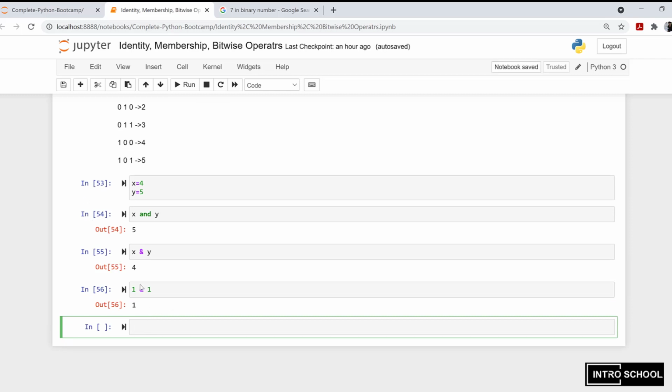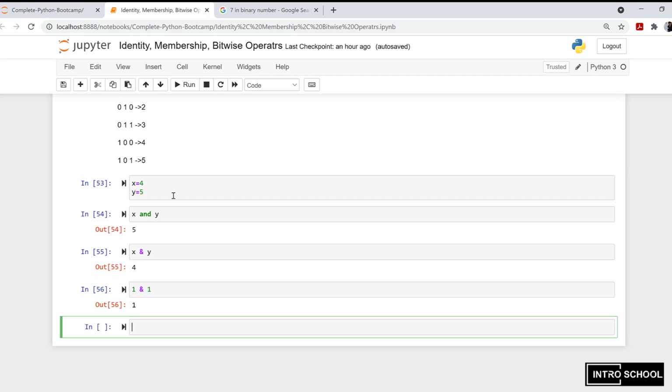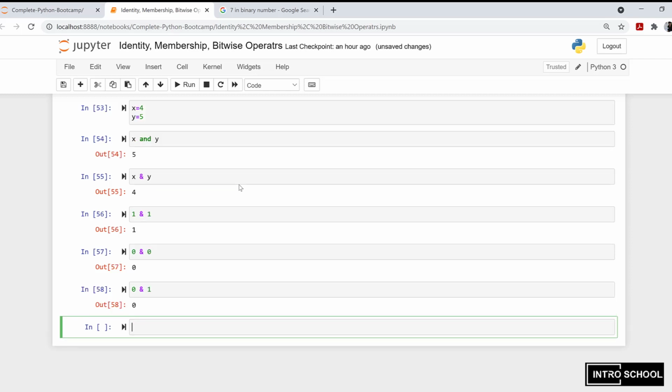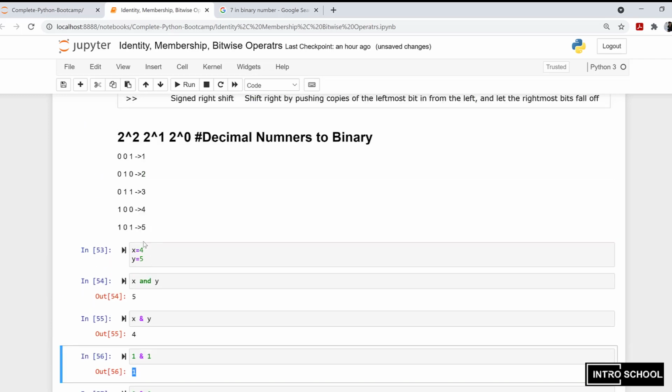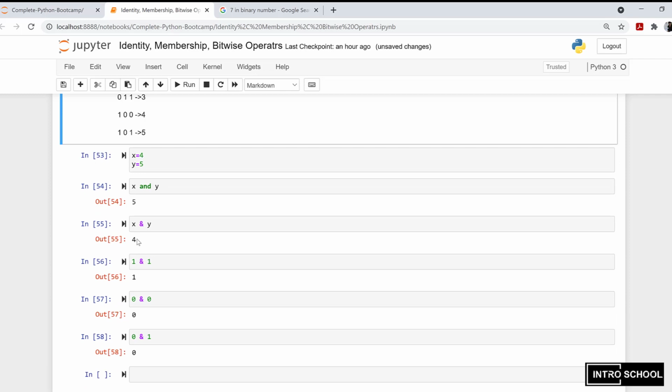Again 0 is compared with 0, so 0 and 0 is 0. The next bit for 4 and 5 is 0 and 1, which is again 0. So I'm getting the answer 100, and it is represented as 4 in decimal. That's why I'm getting an answer of 4.